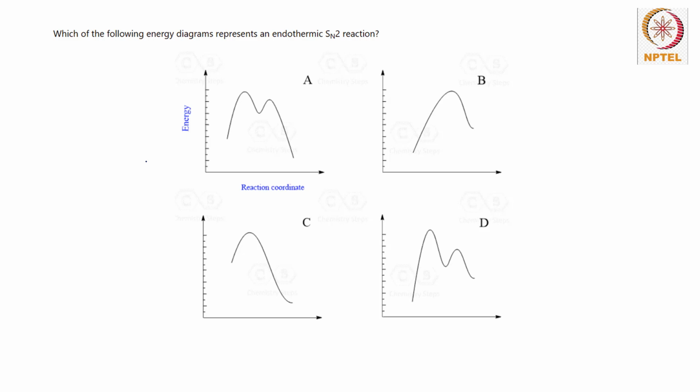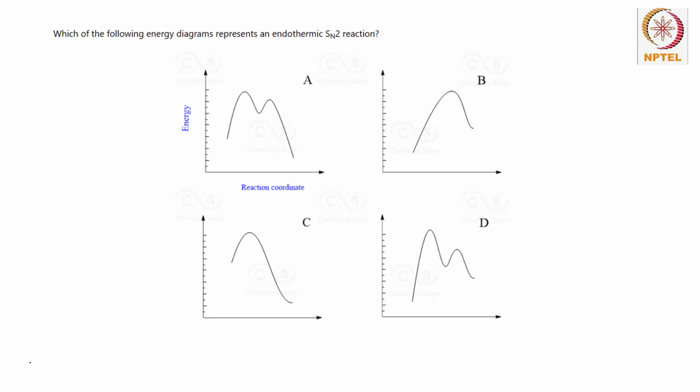Here, along this coordinate we determine the potential energy. When a reaction is endothermic, that means the reaction takes some energy to get our desired product. So the reaction will absorb some energy to go to the activation state and give us our desired product.